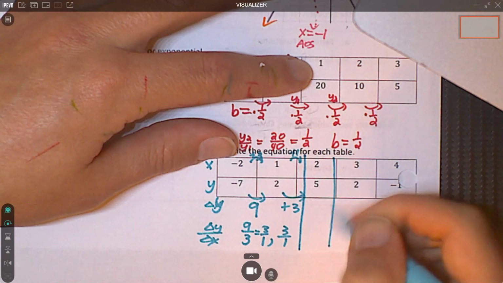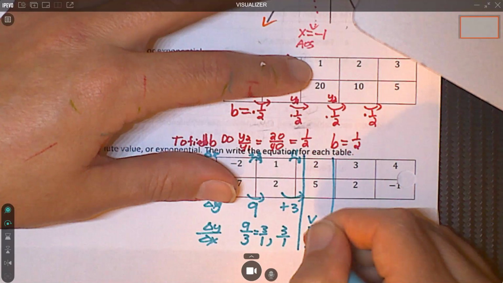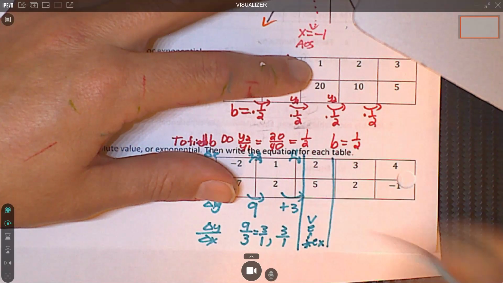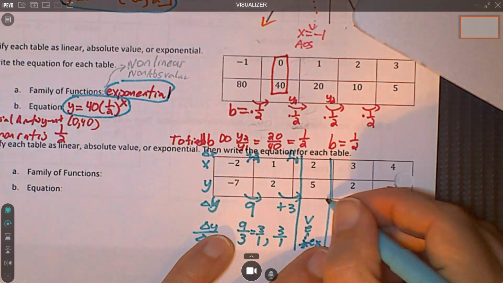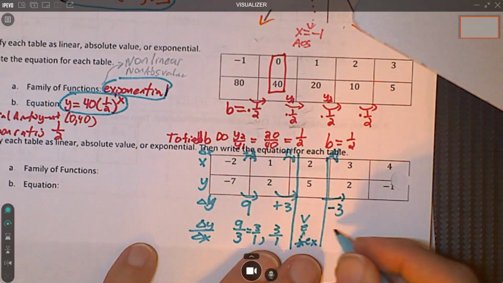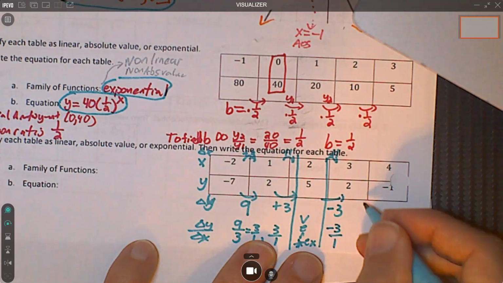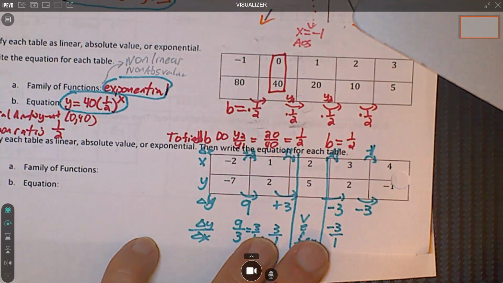Okay, this is the vertex. Vertex is 2, 5. How do I know that? Well, it goes down 3, up 1. Then it goes down 3. X goes up 1.